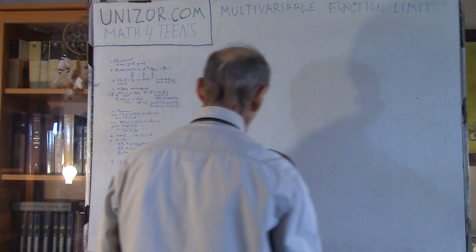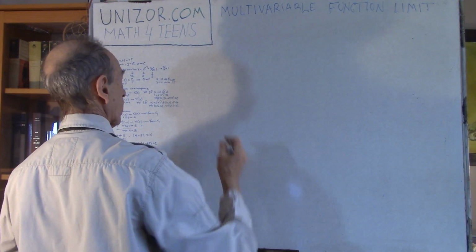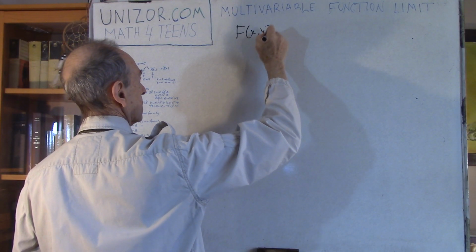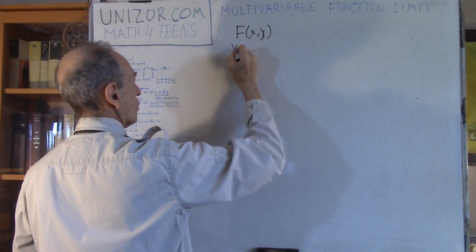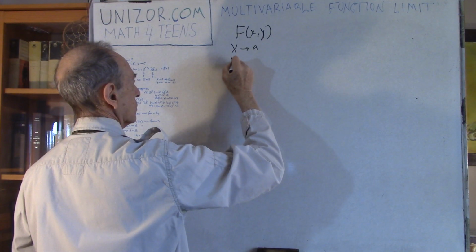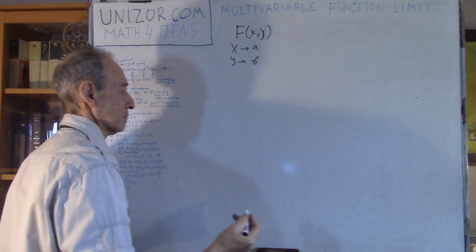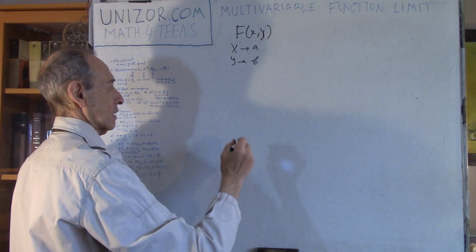Okay, here is the theorem. We have a function f of x y, and we would like to know what happens if x goes to a and y goes to b. So what's given? Given is the following.